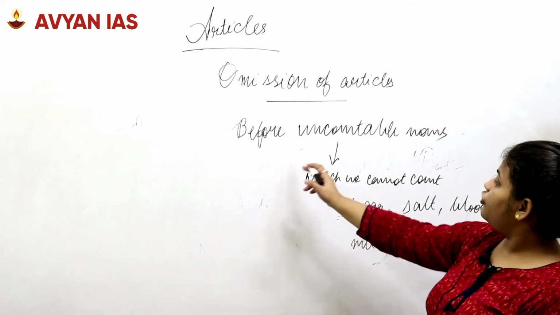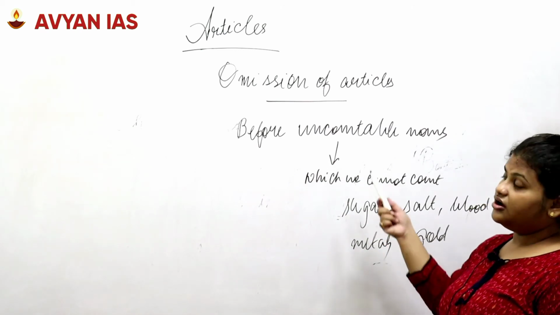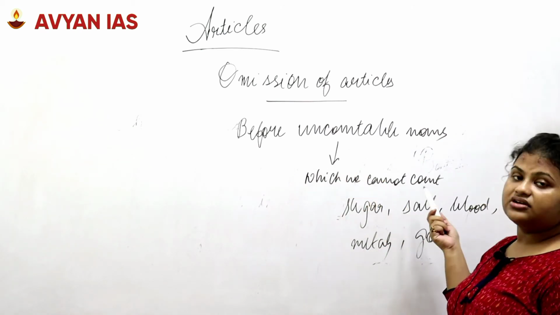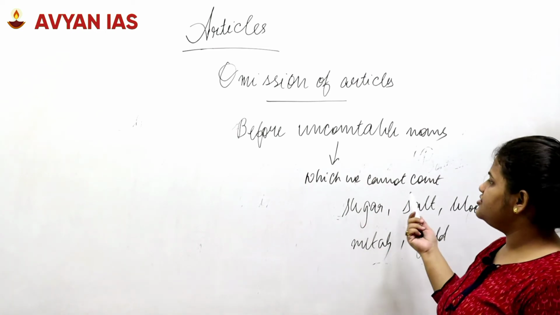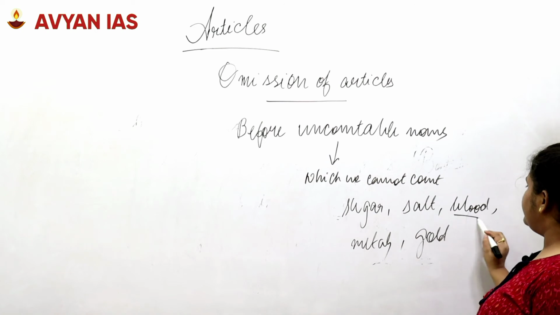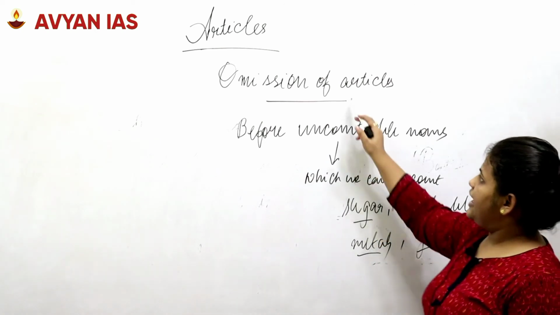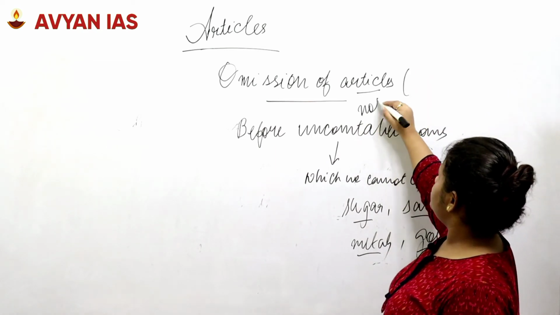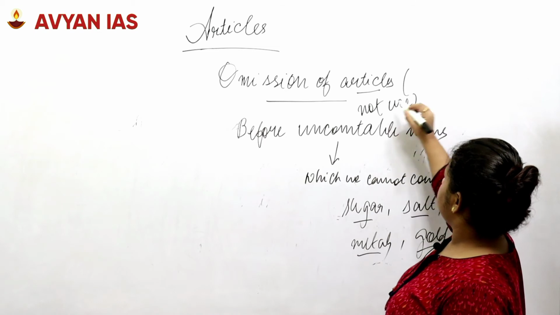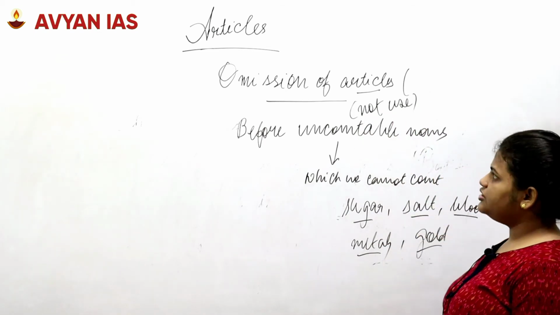So, she is having a blood cancer. We don't usually say that, we just say she is having blood cancer. So before anything that is uncountable, we will not use articles. We will not use articles before uncountable nouns.